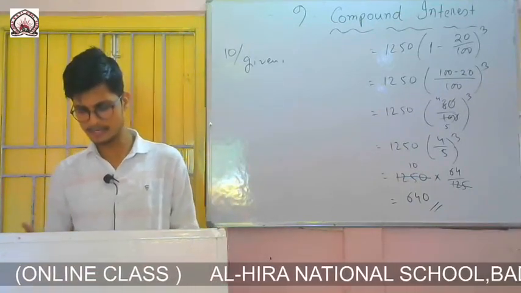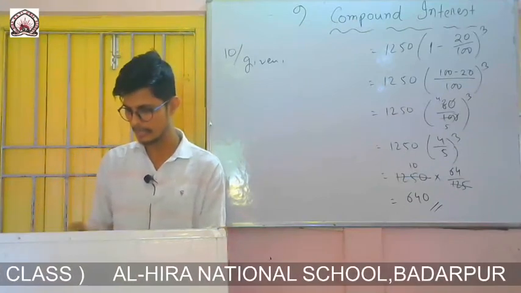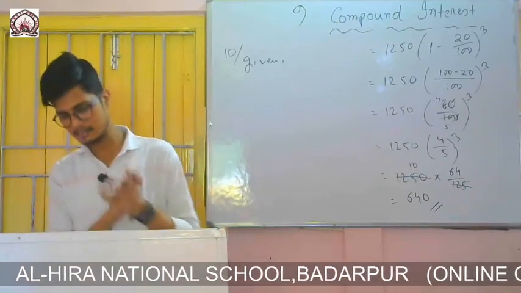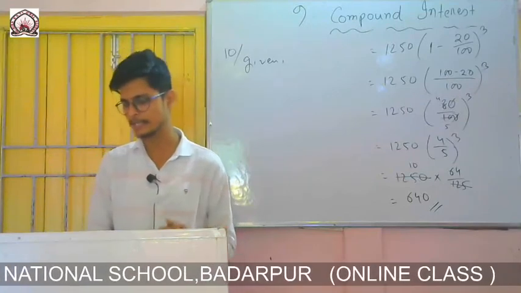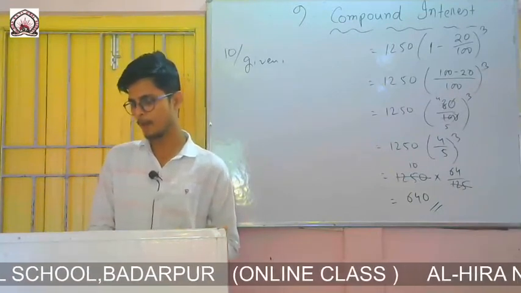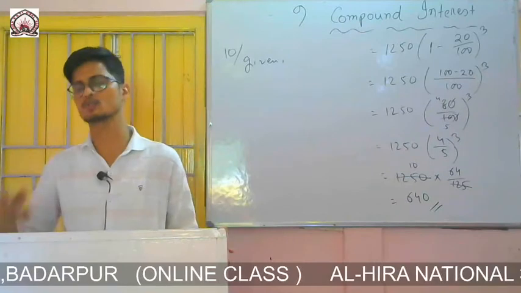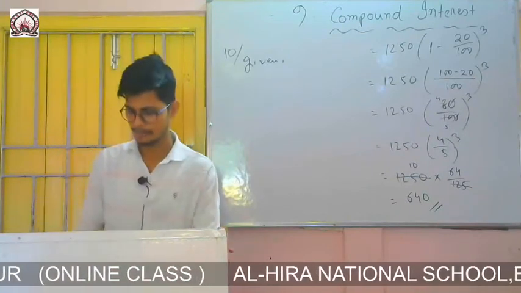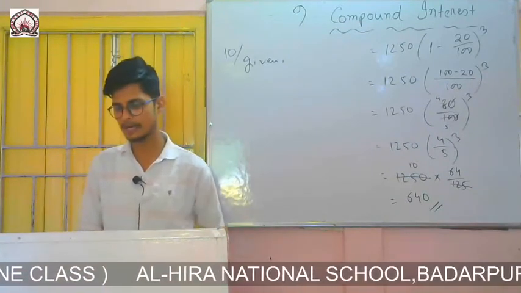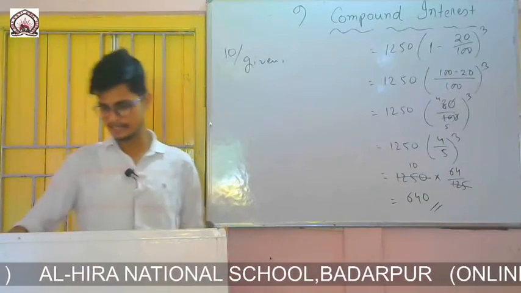Two years are given. In 1983 the national wealth of the country was estimated at rupees 3.125 into 10 to the power 12, but you have to calculate it for the year 1985.